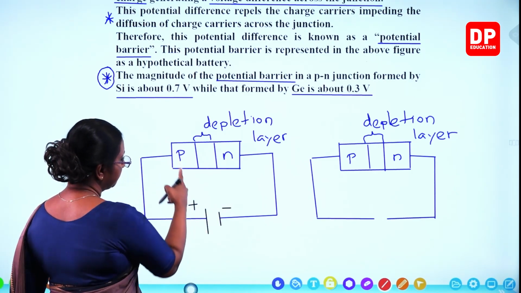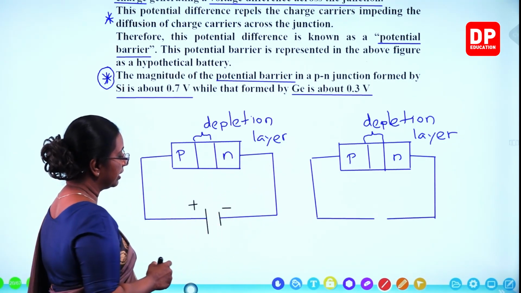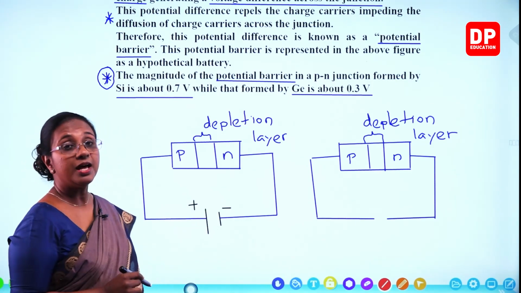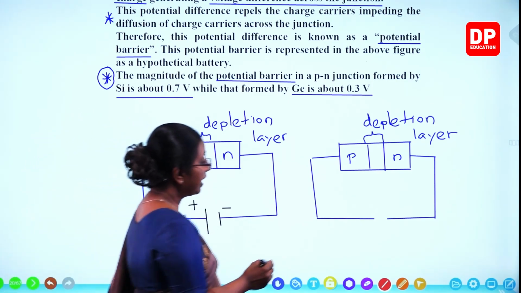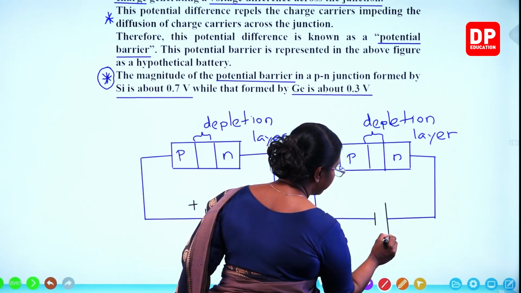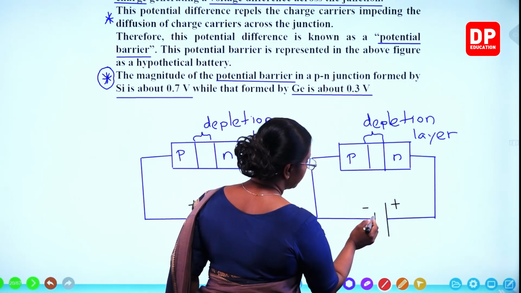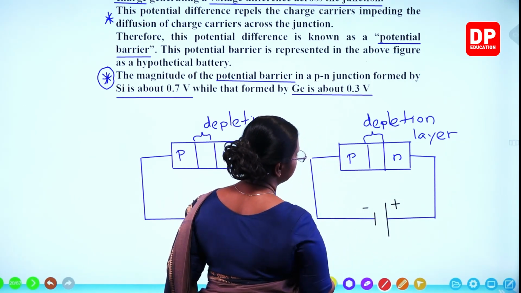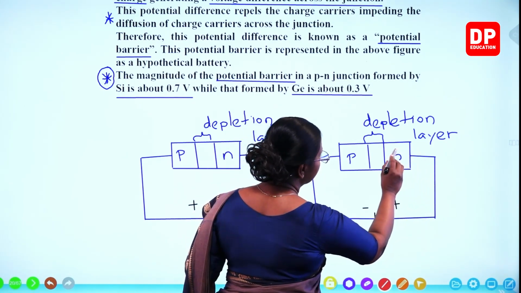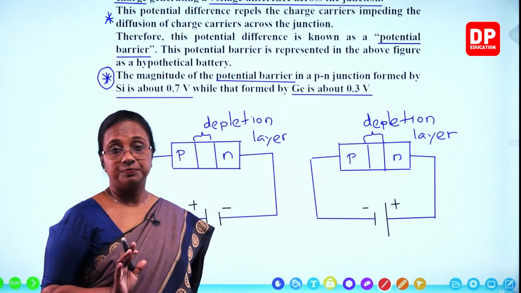P and positive are connected. The N region is connected to the negative terminal of the battery. We can do it the other way. We can have the negative terminal on this side and the positive terminal on the other side. So, we can connect the negative terminal to this P region and the positive terminal to the N region. Both are possible.